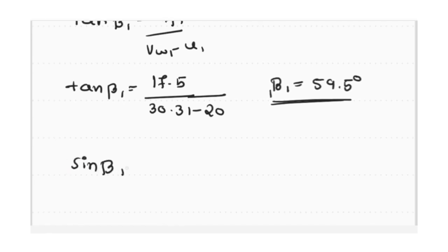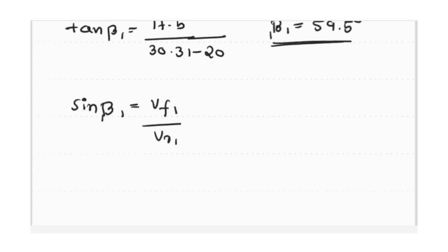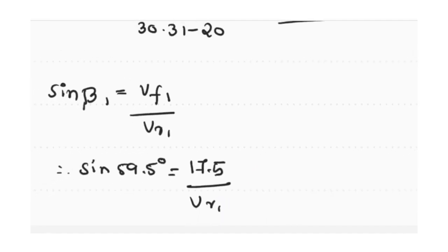Sine beta 1 is equal to the opposite side VF1 over the hypotenuse VR1. We substitute beta 1 equal to 59.5 degrees, VF1 equal to 17.5, and VR1 is the unknown. So we'll calculate.